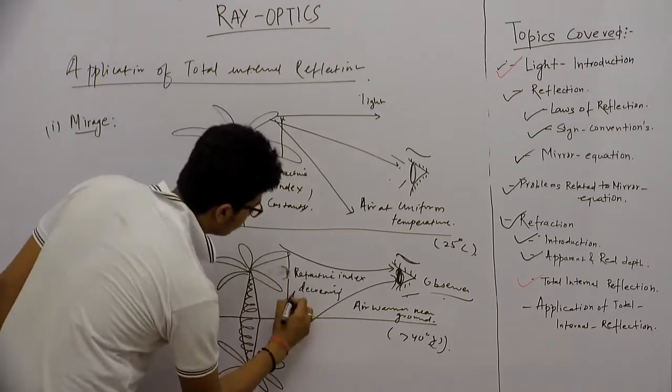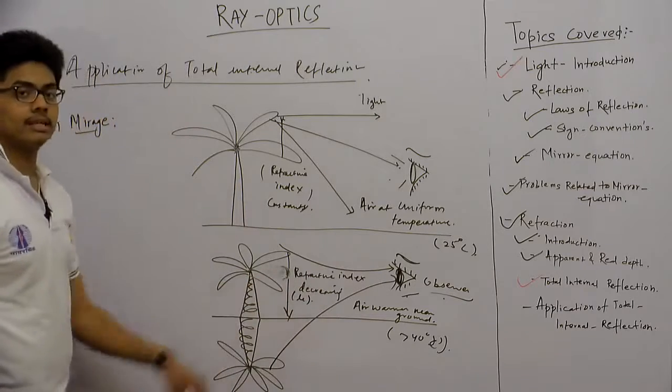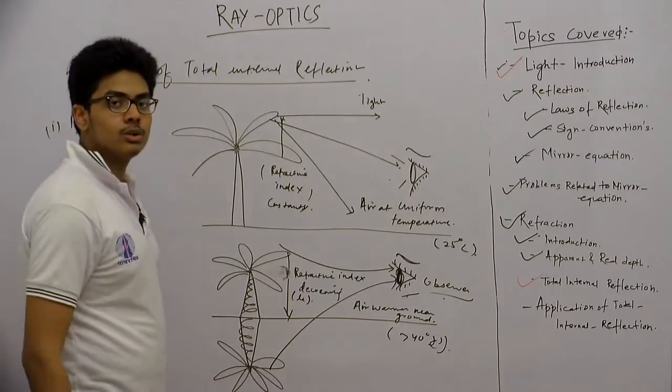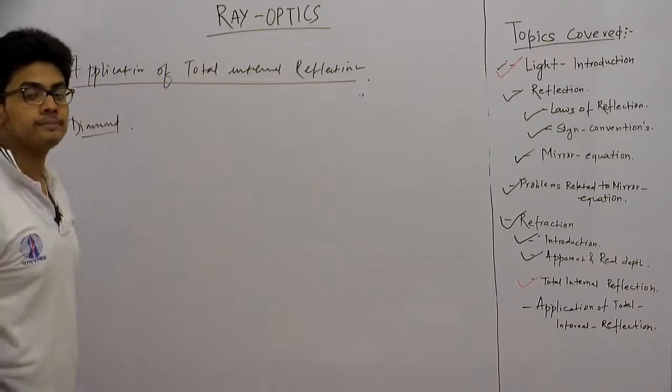Refractive index, that is mu, decreases here, and the observer thinks the object is really very close to their eyes. So here comes the application of mirage.